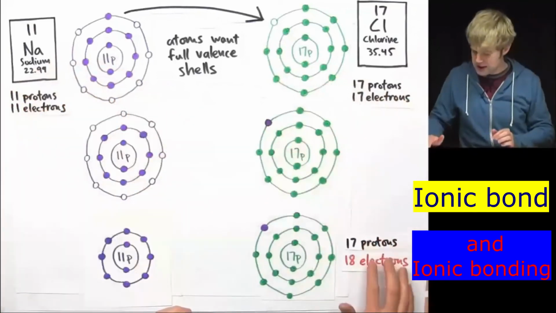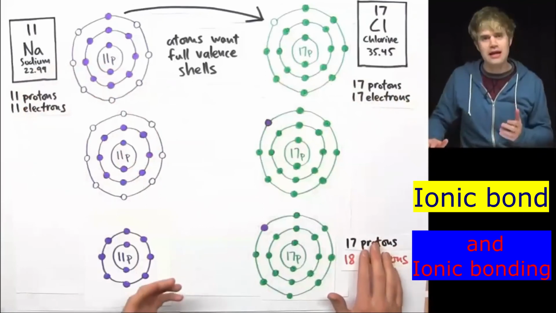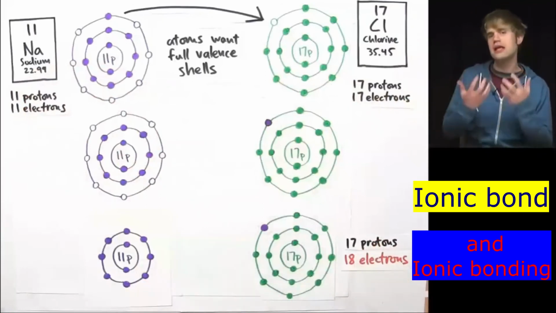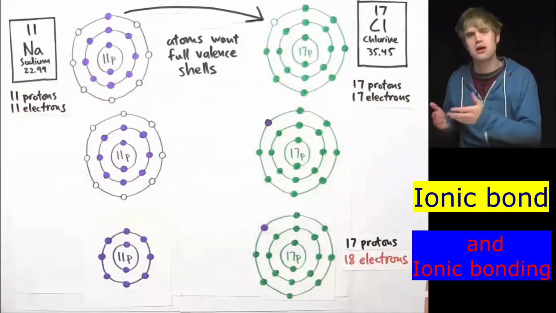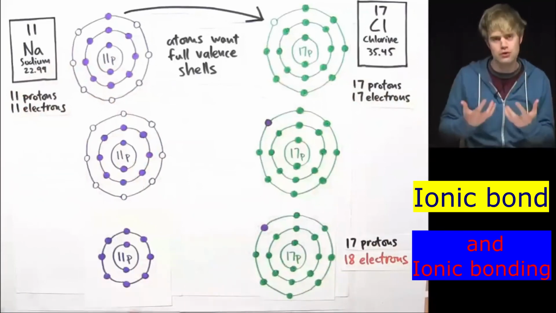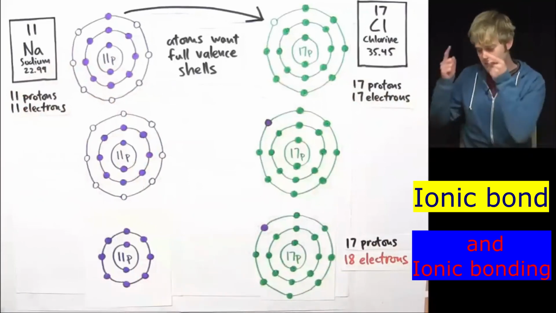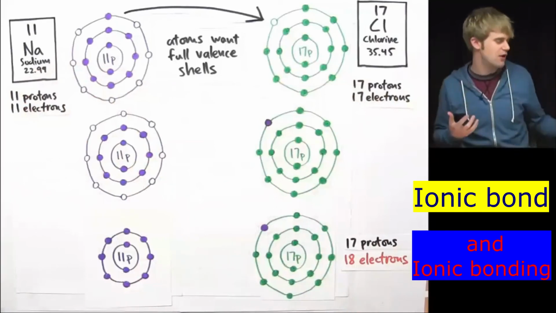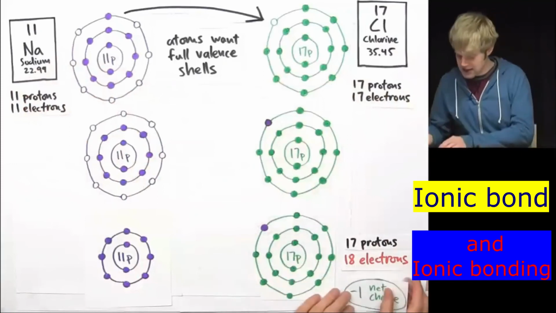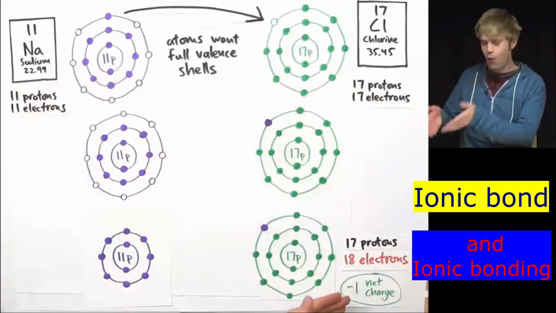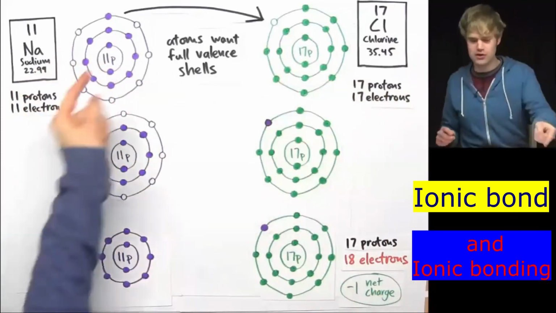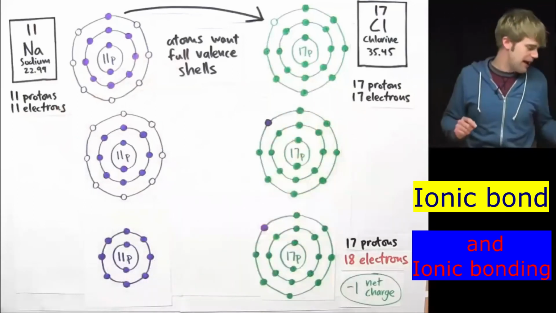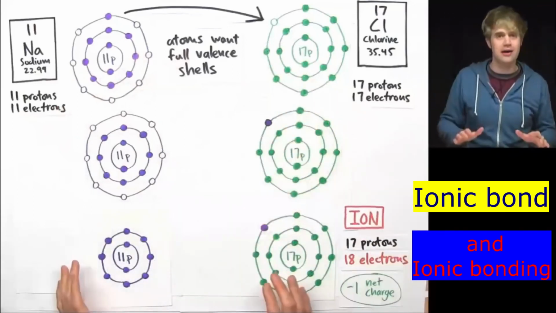So it's still got 17 protons, and it's got 18 electrons. But now there's an imbalance between the number of protons and electrons. It doesn't have the same number of protons and electrons. It has more electrons, which means that it has a negative charge. It has a negative charge of 1 minus because it has 1 more electron that it got from sodium. And now we can call it an ion.